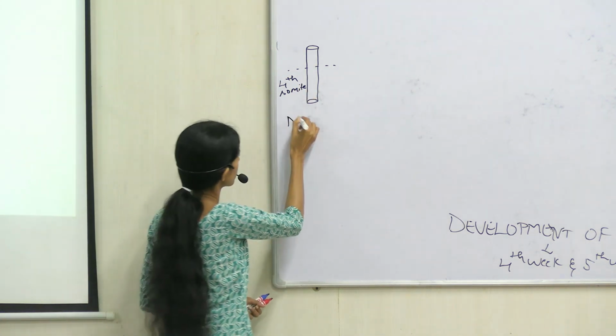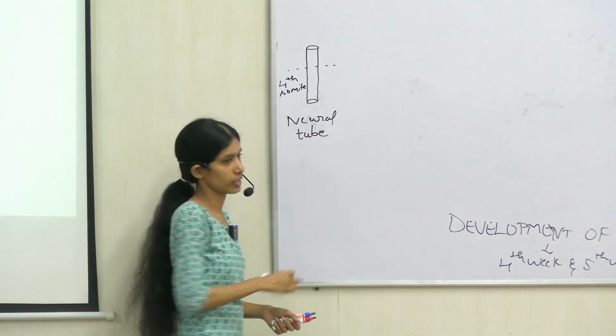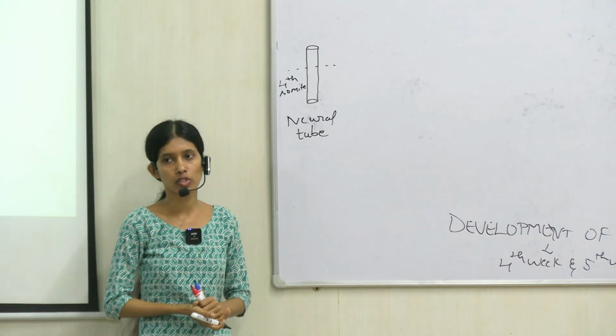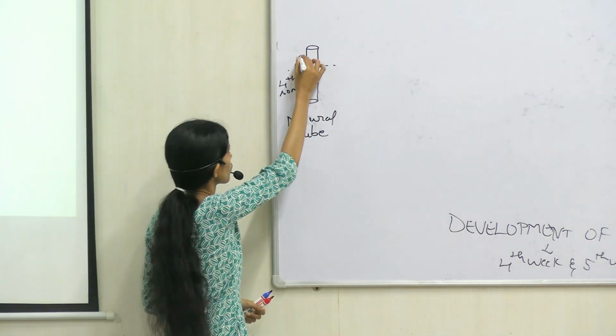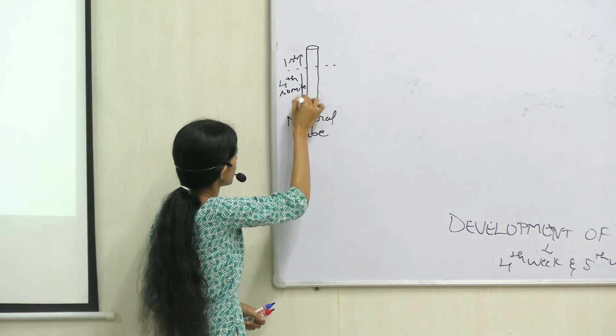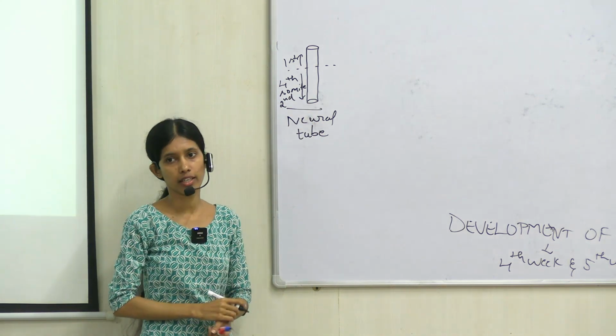Okay, this is the neural tube. During the development process, first it will get fused at the 4th somite level. From the 4th somite level, it will get fused in the cranial direction first, and later in the caudal direction.